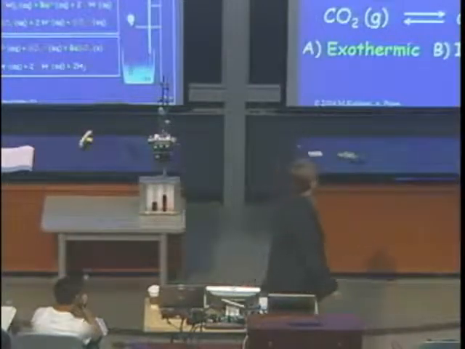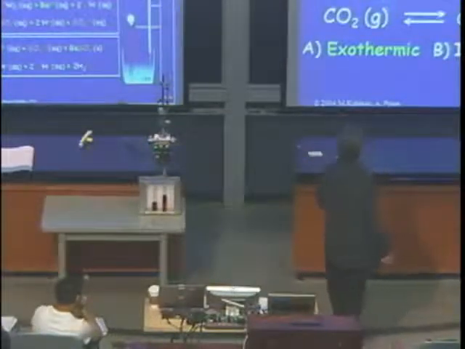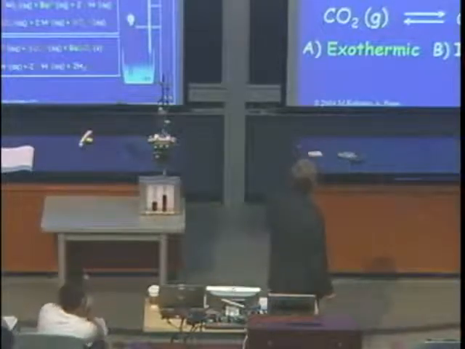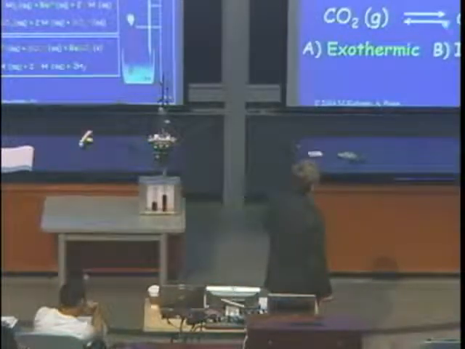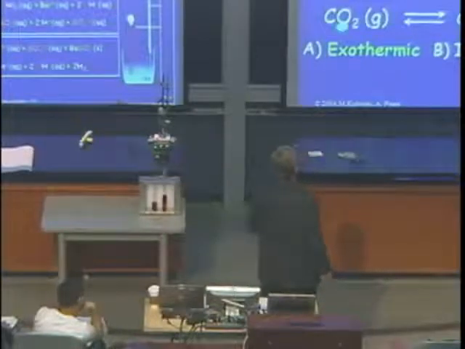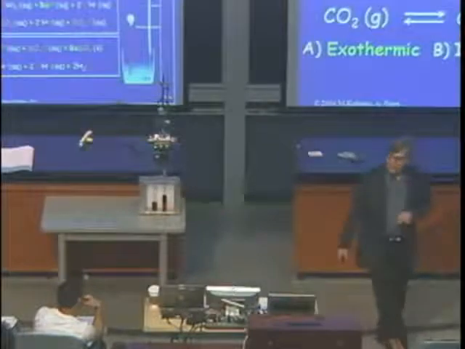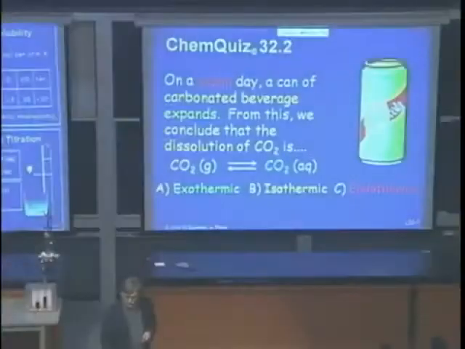What I'd like to know from you now is, from what I just told you, you can conclude that the dissolution of CO2 into the aqueous phase, into carbonic acid, is either exothermic, isothermic, or endothermic.